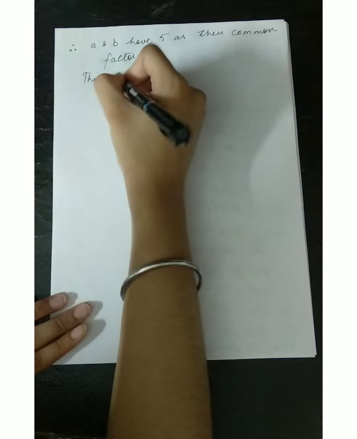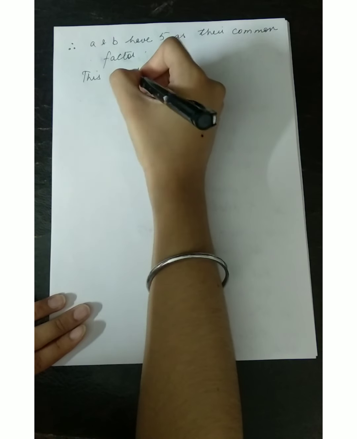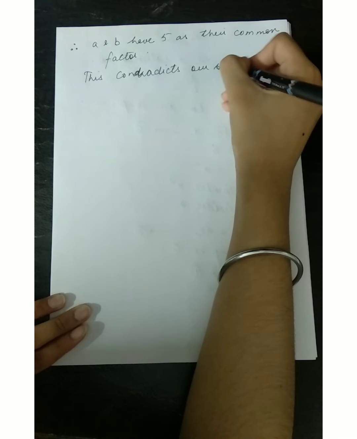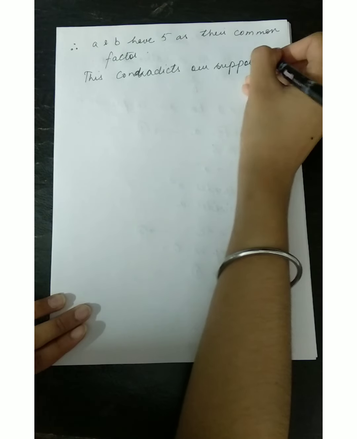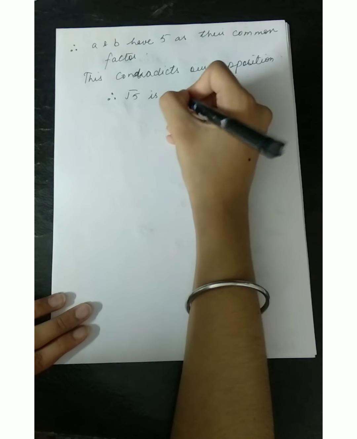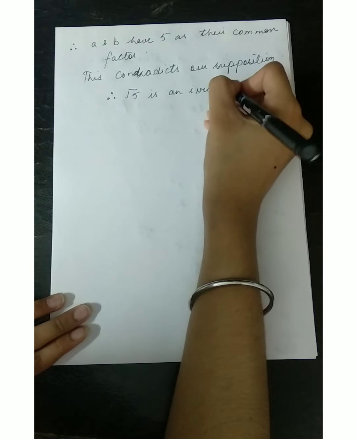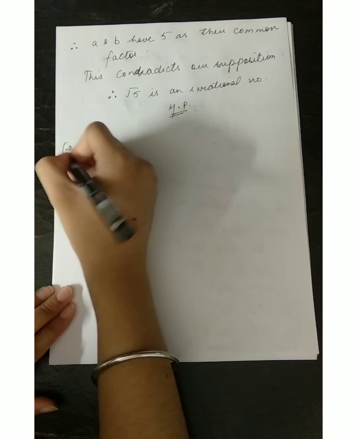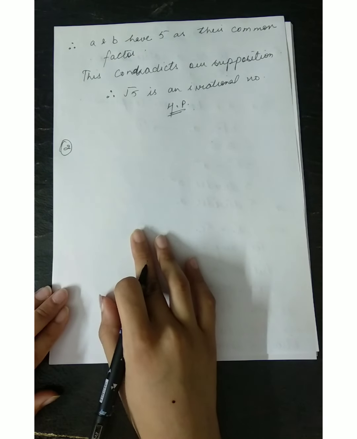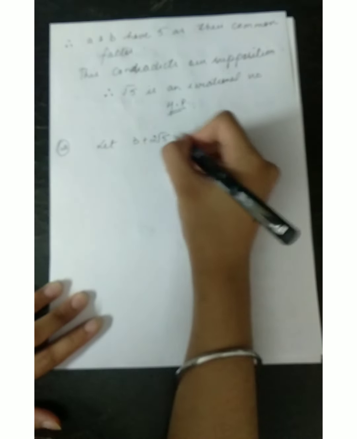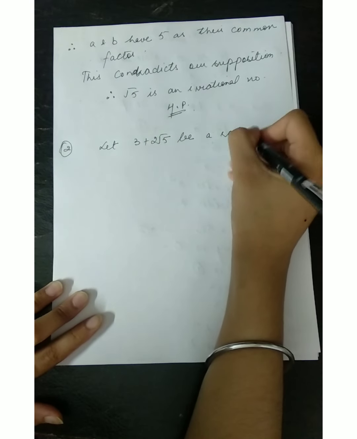Now this contradicts our supposition. Therefore, root 5 is an irrational number. Hence, proved. Our second question for this exercise is prove that 3 plus 2 root 5 is irrational. Let 3 plus 2 root 5 be a rational number.